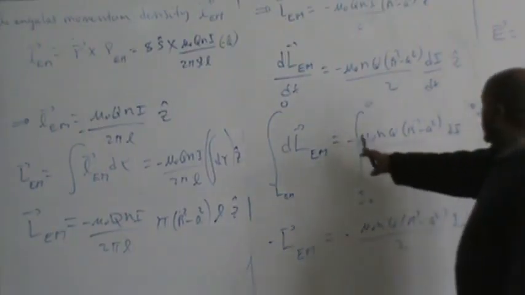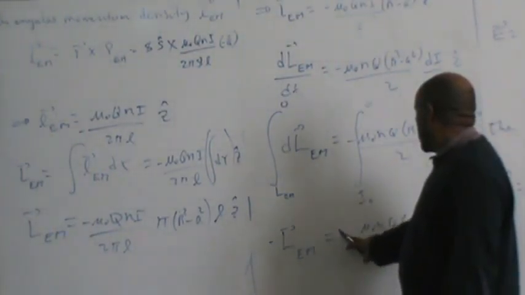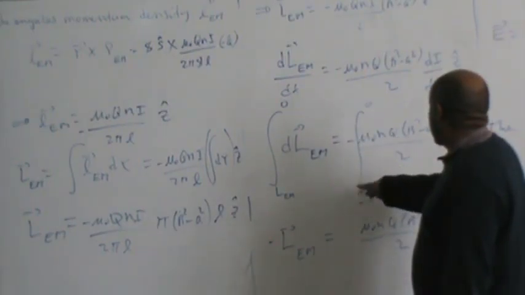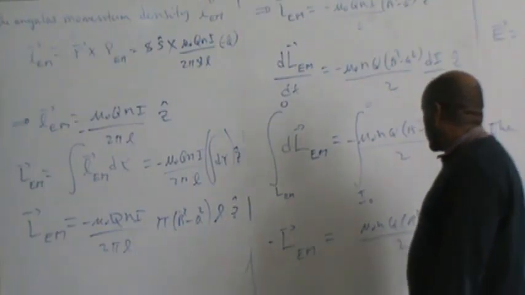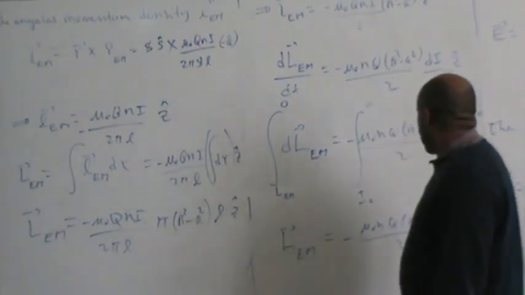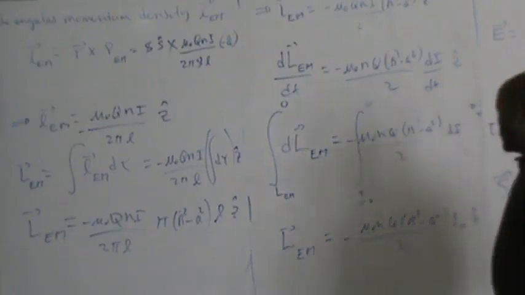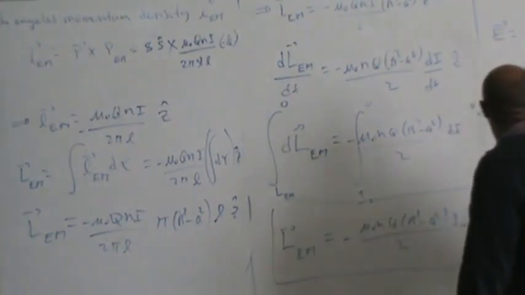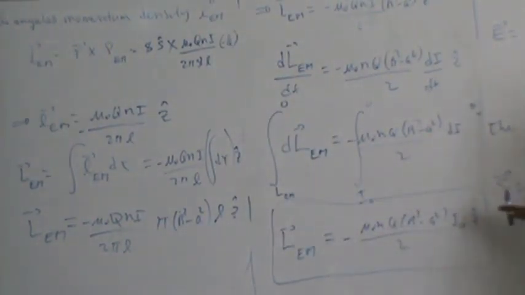Would you lose the negative sign on the right hand side? Yeah, so minus becomes 0, minus I naught, the minus sign becomes plus, so that's going to be L_EM is going to be minus. So if you do the same thing for the cylinder, then you would find a positive value.